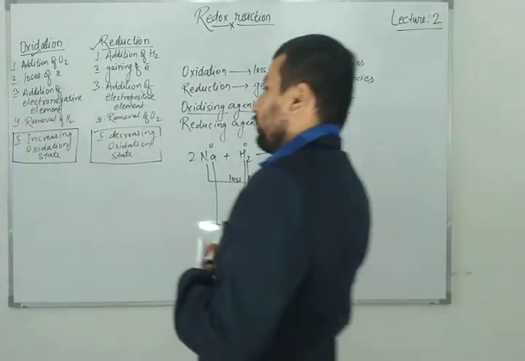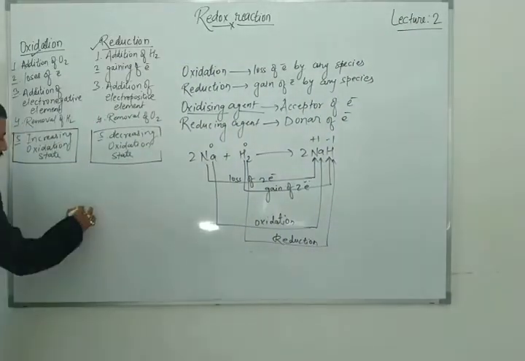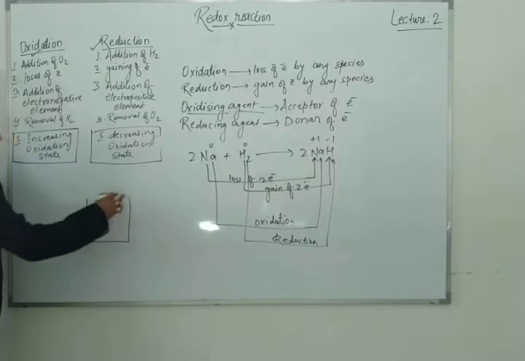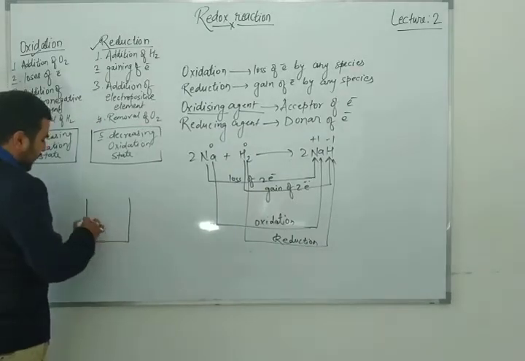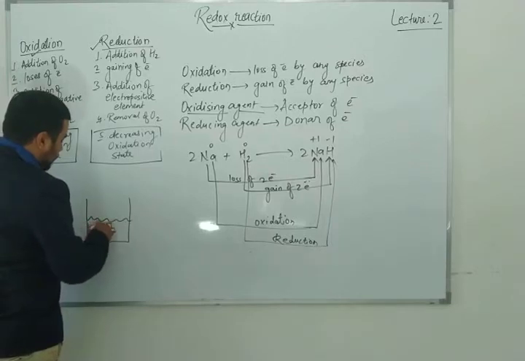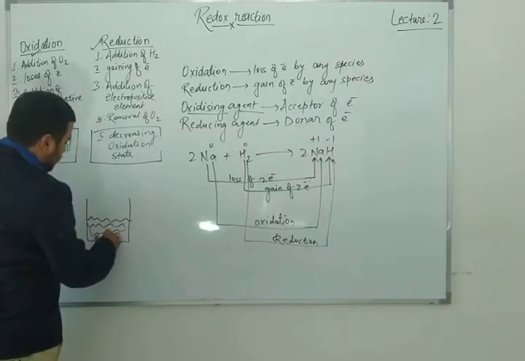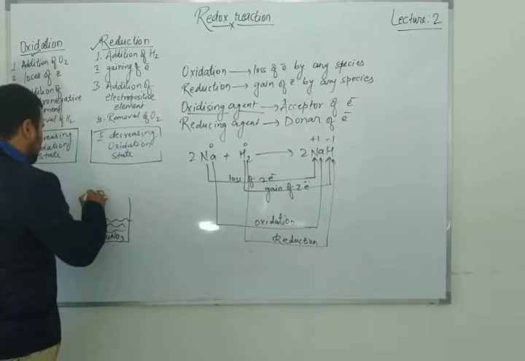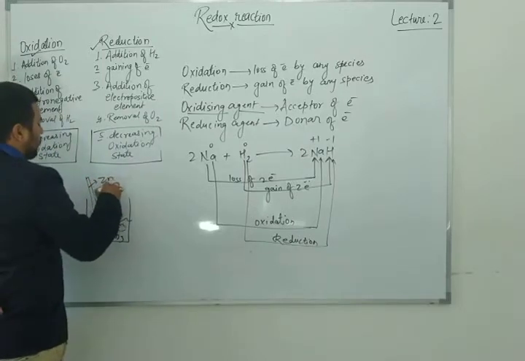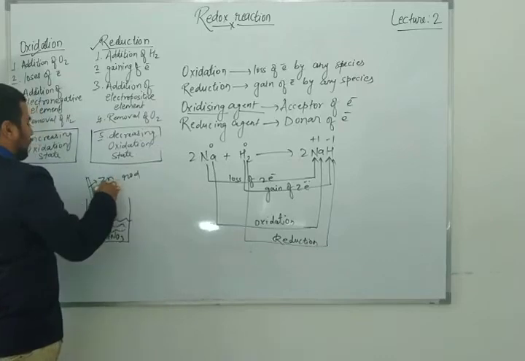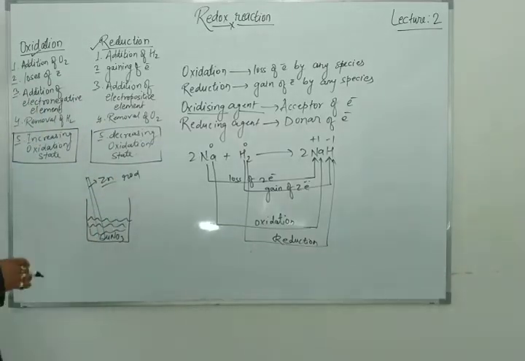Just suppose that this is a test tube. In this, copper nitrate solution is there, and here I have placed a zinc metal rod. Zinc rod. Okay. Now tell me what will happen.